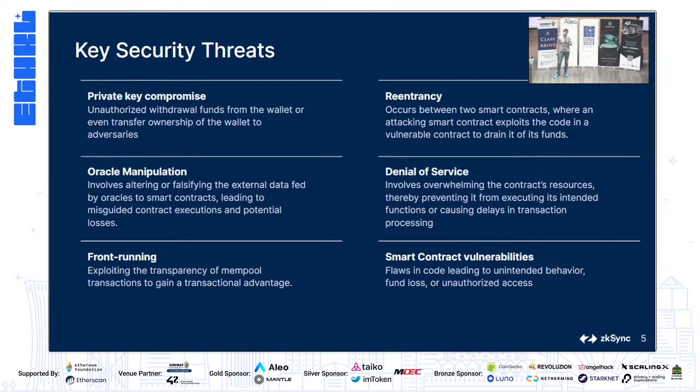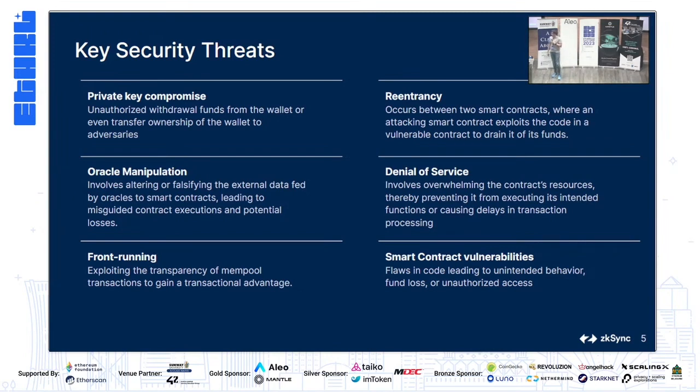Denial of service, one of the popular, let's say, and probably the easiest implementation of the attack, when the attacker just overwhelms the contract's functions or resources, so the contract functions are blocked, or just provide delays with the response. Front running.